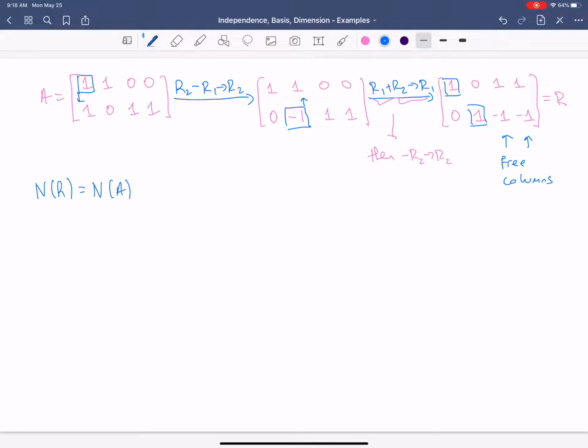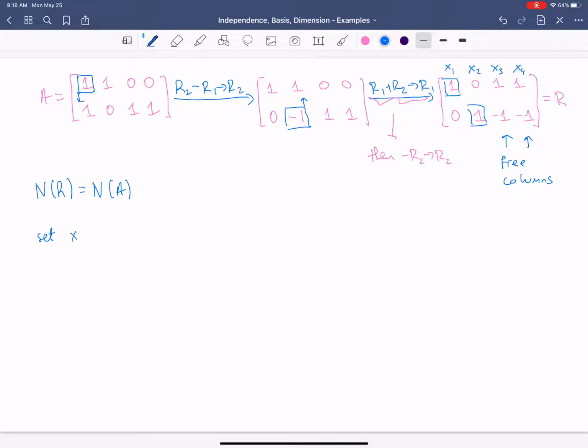So what are such vectors? If you remember, think of the columns as coefficients for x1, x2, x3, x4. So x3 and x4 are the free variables.